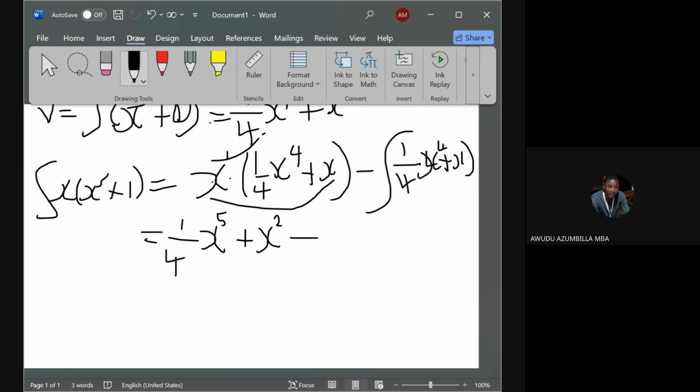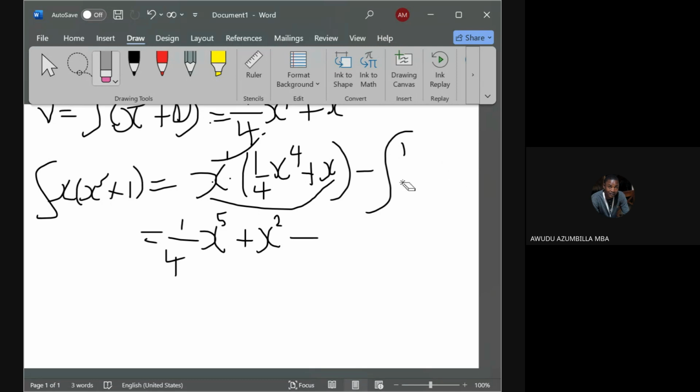Okay, so let's move on to the integral of this. So this one we are able to open the bracket. Cool. So let me rewrite this one well.